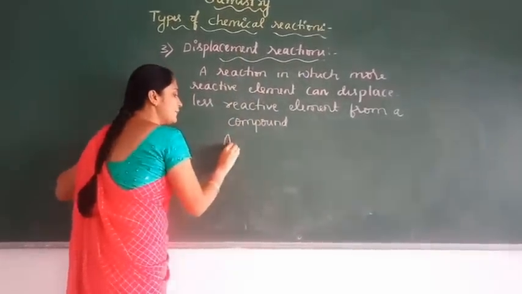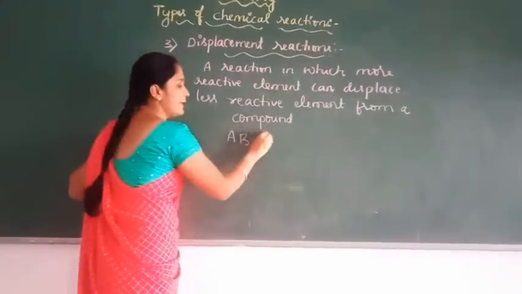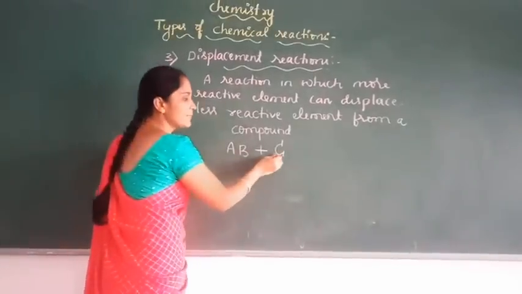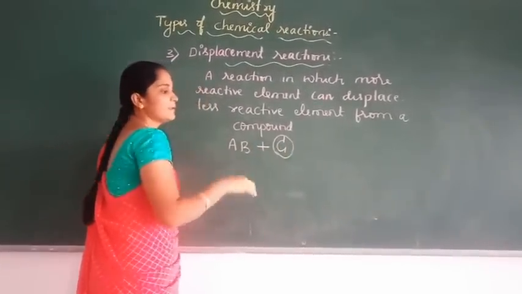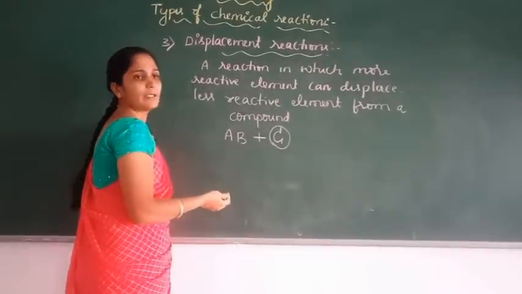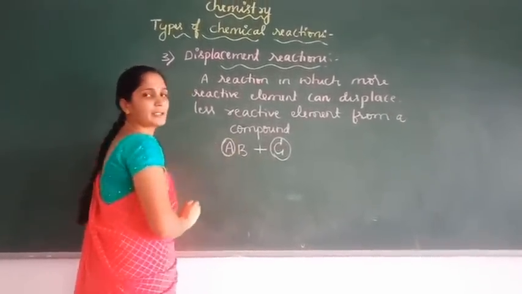Here AB is a compound and C is an element. Here C is a more reactive element, and A is a less reactive element.